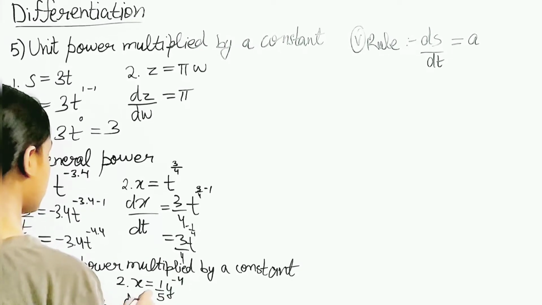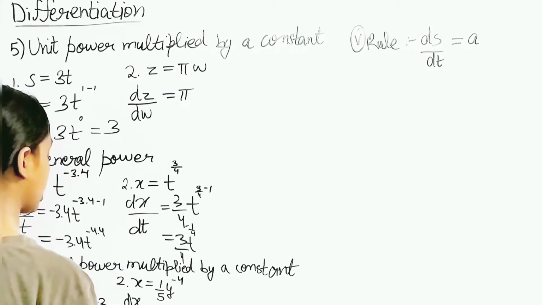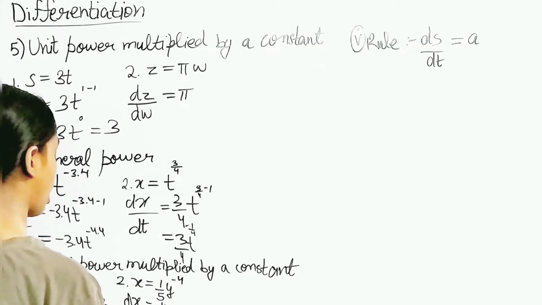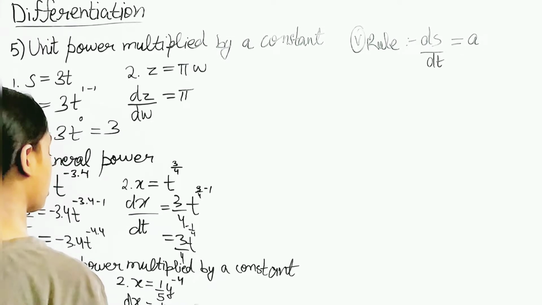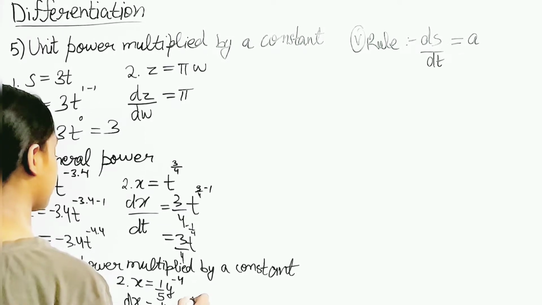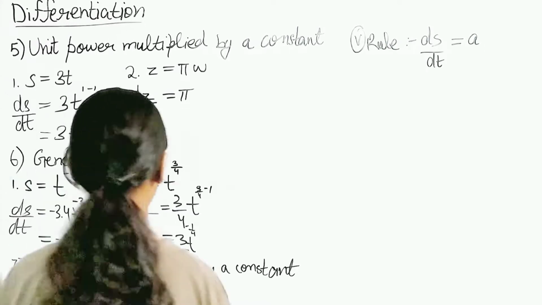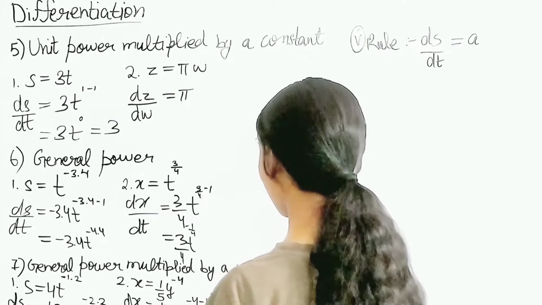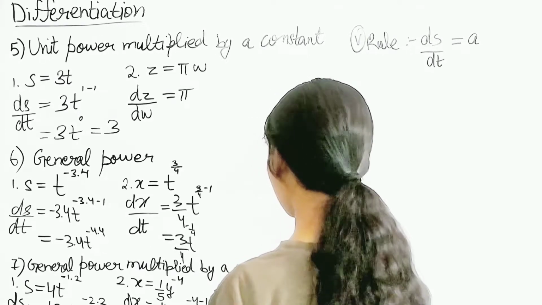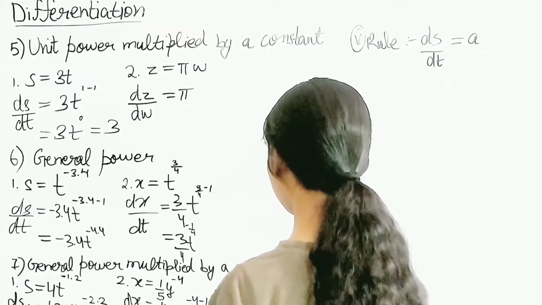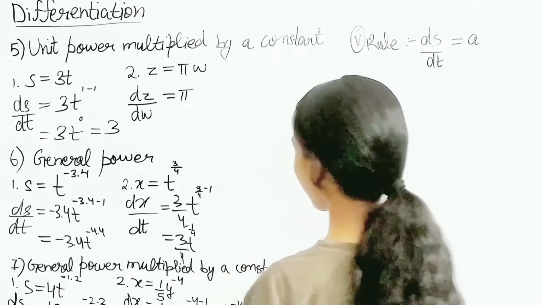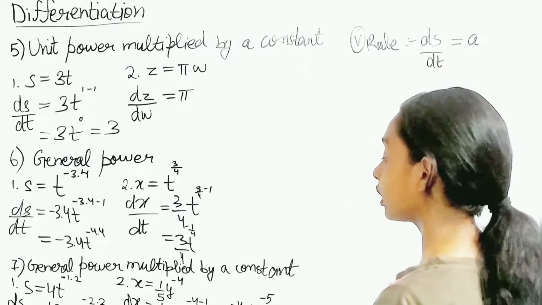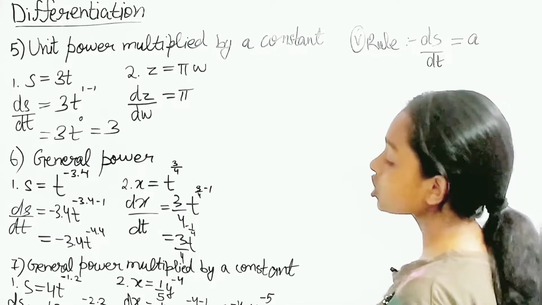So it's going to be dx by dy is equal to negative 4 into 1 by 5 y to the power negative 4 minus 1, which will be negative 4 by 5 y to the power negative 5. Right? Absolutely. This is what we're going to get here. And that's it. We're done.